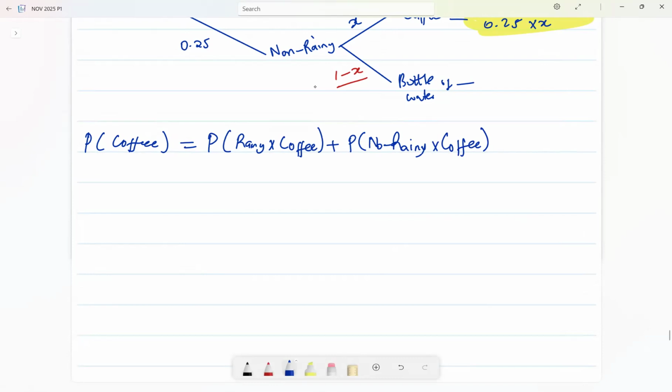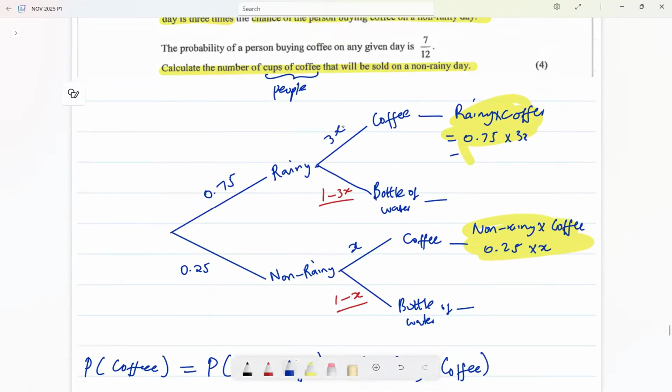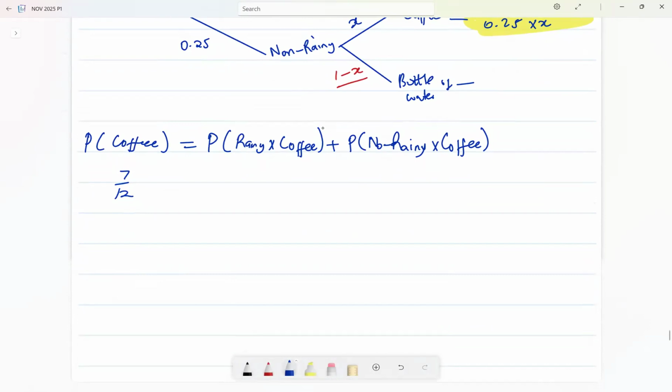Whether it is raining or not, we are just given the probability of getting a coffee on a particular day, so it is 7 divided by 12. And the probability of rain and coffee is 0.75 multiplied by 3x plus 0.25 multiplied by x.